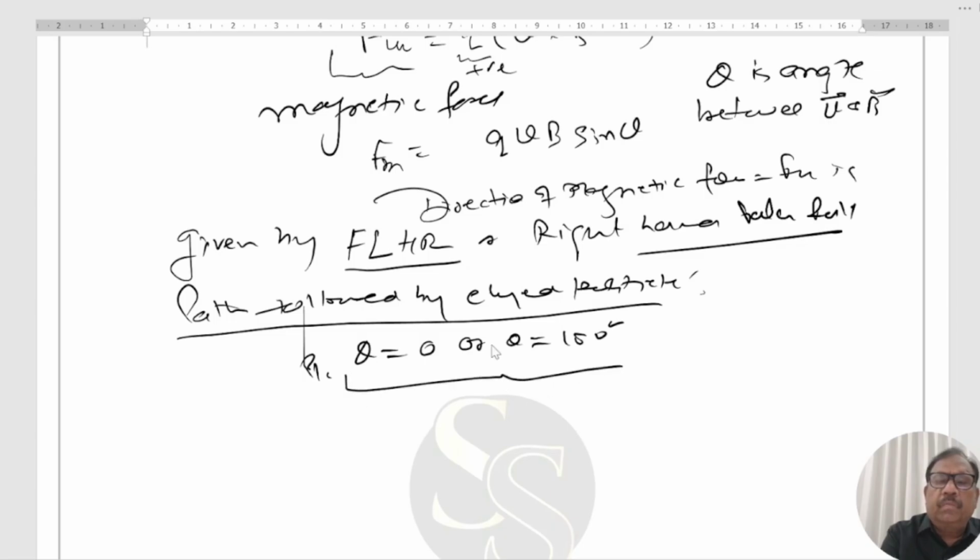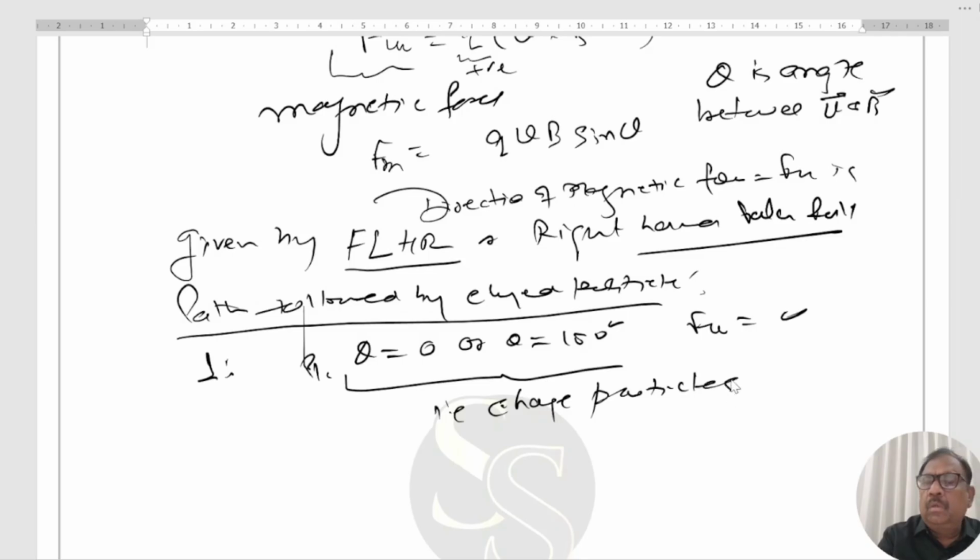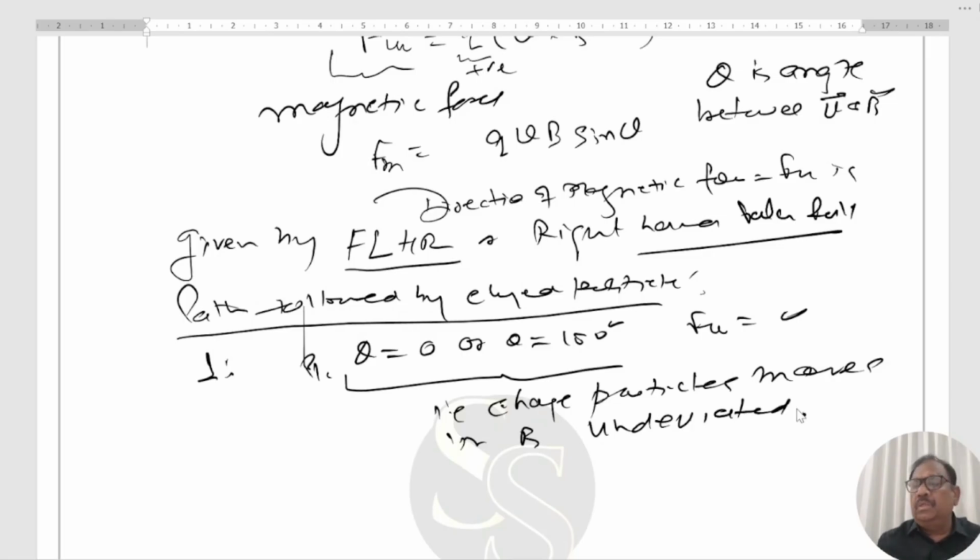In that case, Fm equals 0, that is, the charged particle moves undeviated.